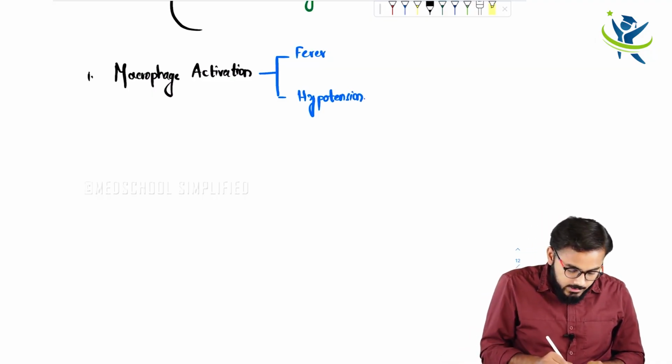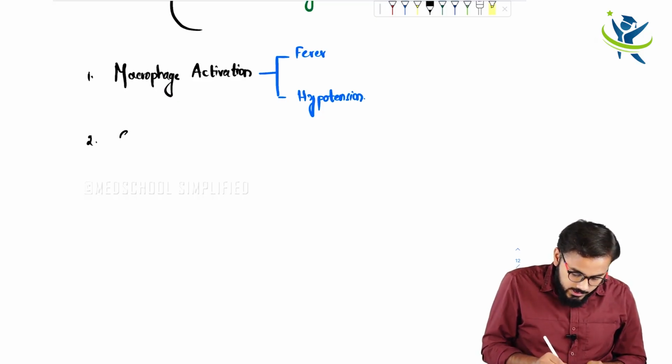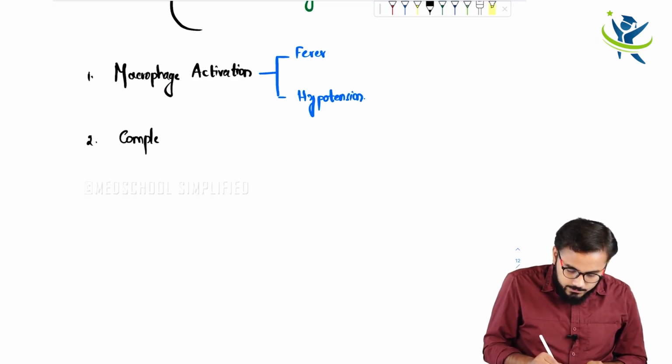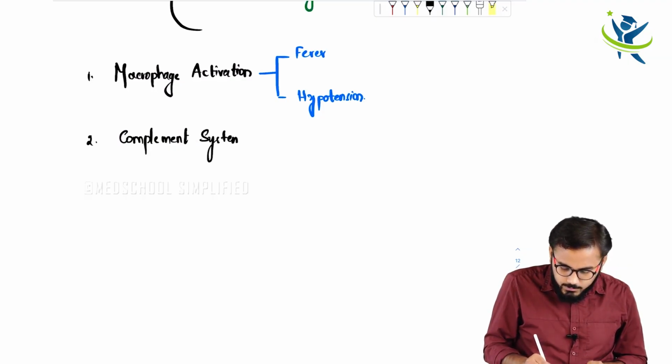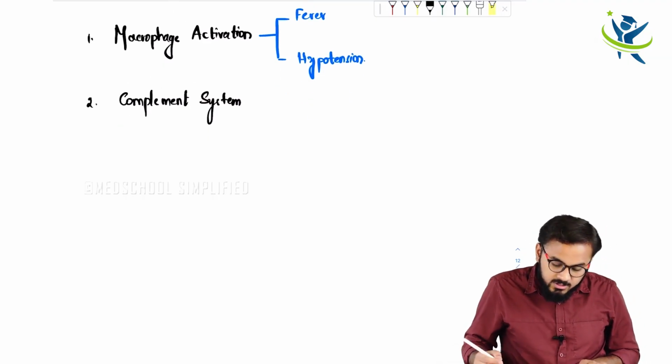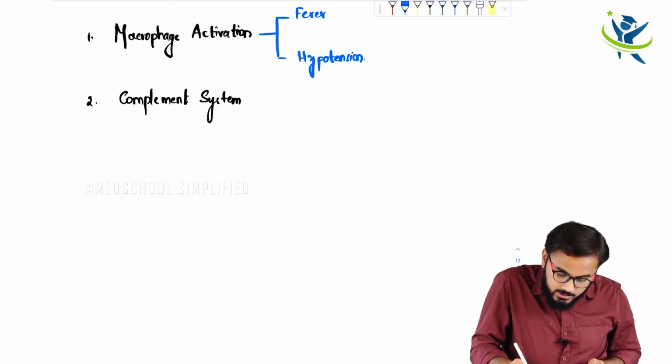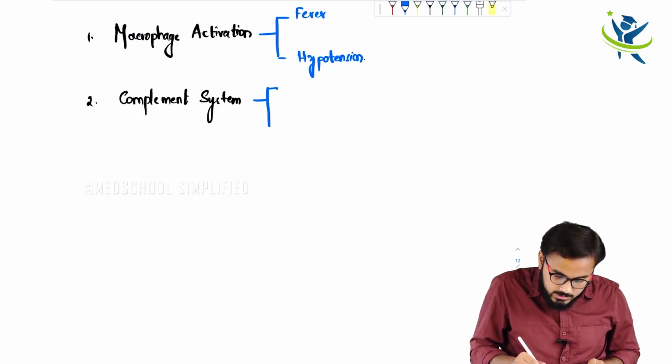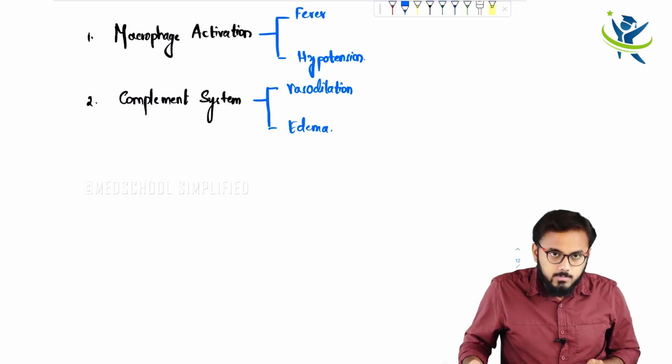Apart from that, the second important thing is that it will even activate your complement system. When it activates your complement system, the second important thing it causes is vasodilation. So obviously when there is vasodilation, you know there will be edema.